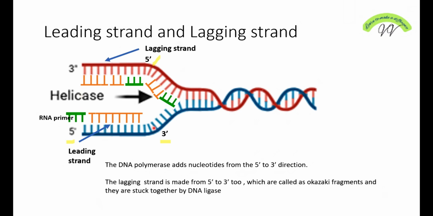Once this has been done, all this while the nucleotides are added by DNA polymerase 3. DNA polymerase 3 adds nucleotides in the 5' to 3' direction, and it also does proofreading from 3' to 5'. But DNA polymerase 1 is the enzyme which removes the RNA primer.